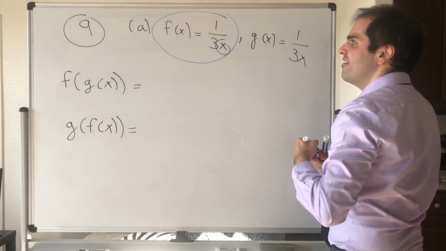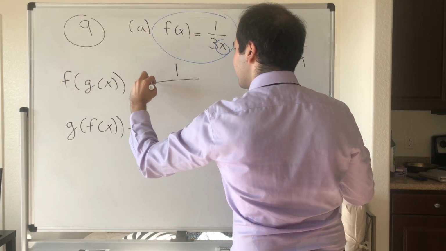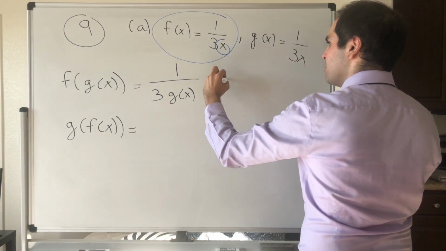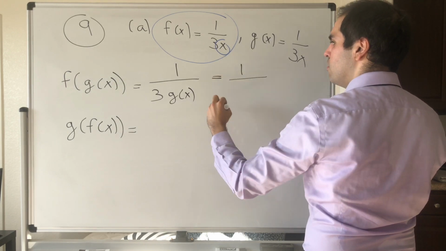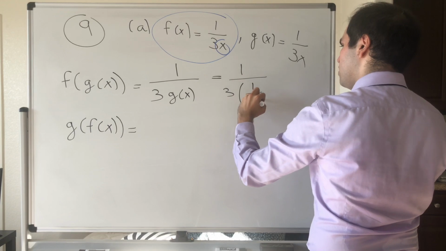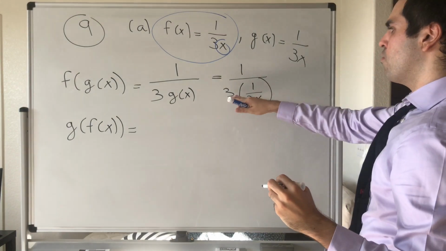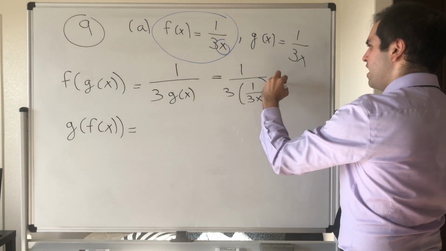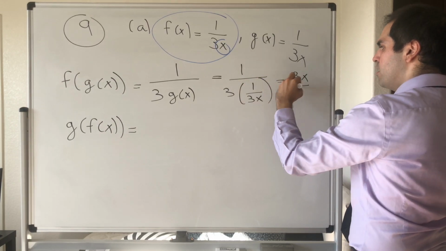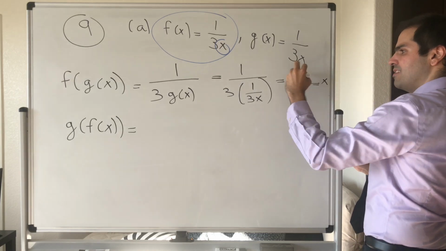So since f of x is 1 over 3x, f of g of x is 1 over 3g of x. But remember that g of x is 1 over 3x. So it becomes 1 over 3 times 1 over 3x, which is just 3x over 3, because you flip it, and that's x.